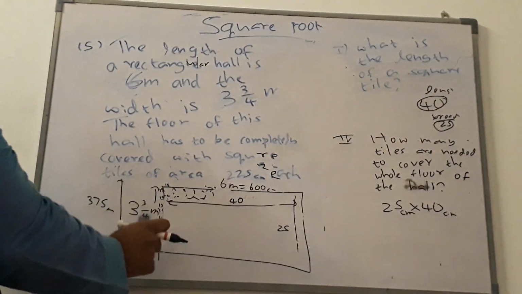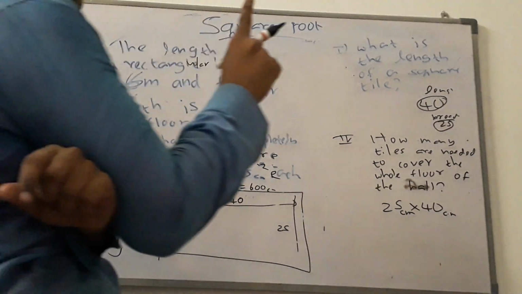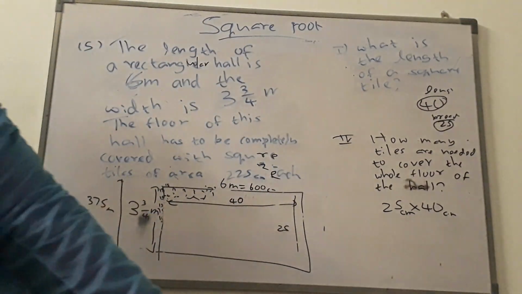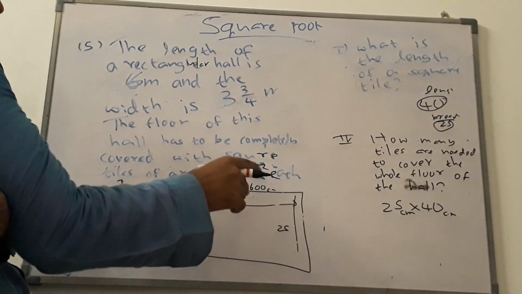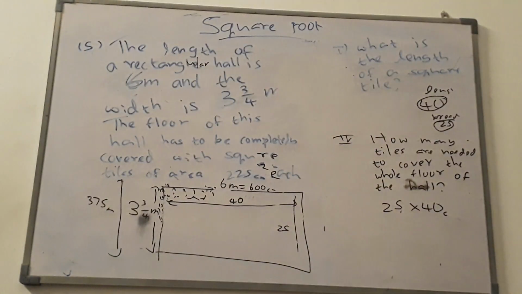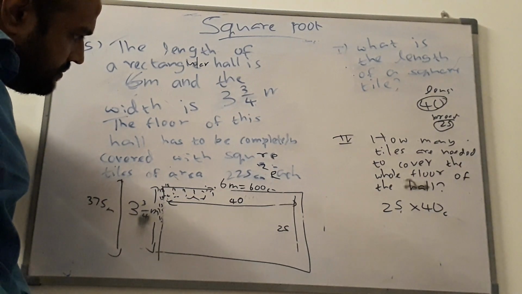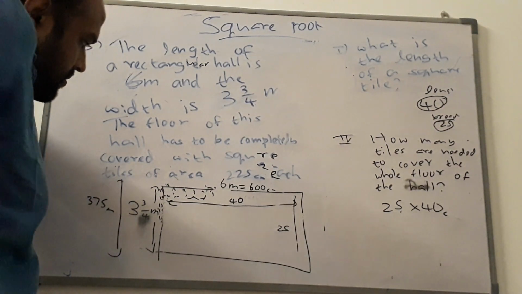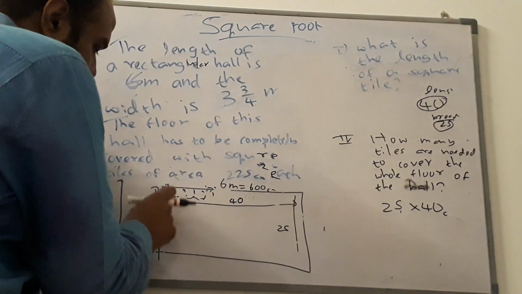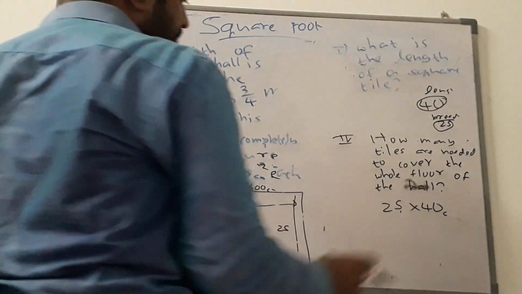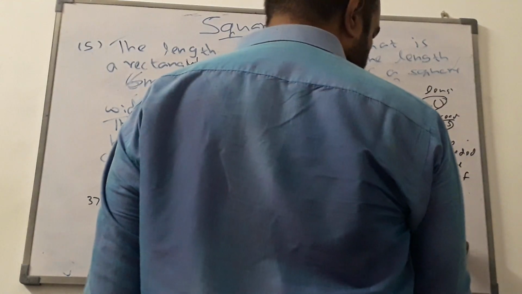So to find the number of tiles, we have to multiply 25 by 40. 40 times 25 means 1000 tiles.